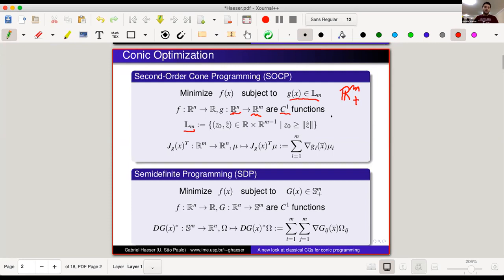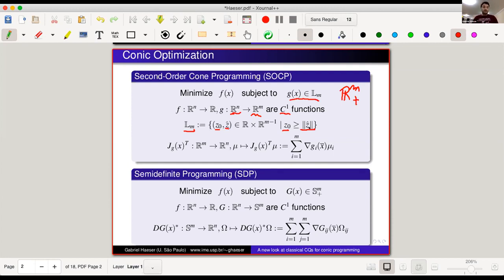This is the so-called ice cream cone or Lorentz cone. Instead of all components being non-negative, we choose one special component, which we call z_0, and the remaining vector we call z hat. The constraint is that the first component is larger than or equal to the norm of the remaining vector of components. Okay, so this is the problem.